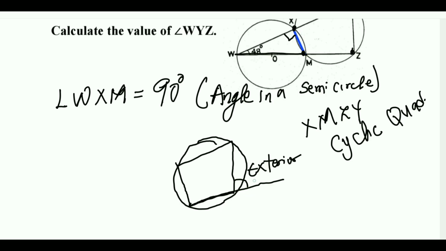The exterior angle of a cyclic quadrilateral is equal to the interior opposite angle. A cyclic quadrilateral has four interior angles. You have 1, 2, 3, and 4. All of these are the interior angles. But the exterior angle is equal to the interior opposite angle.